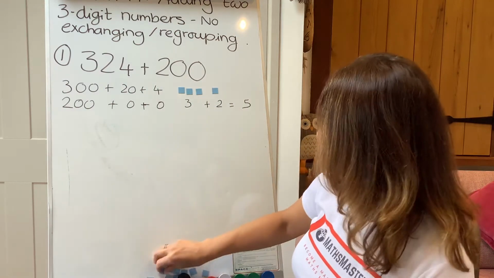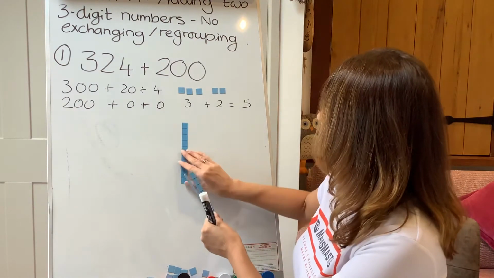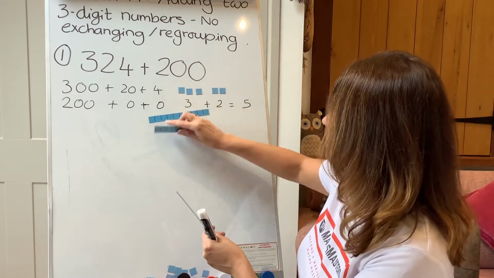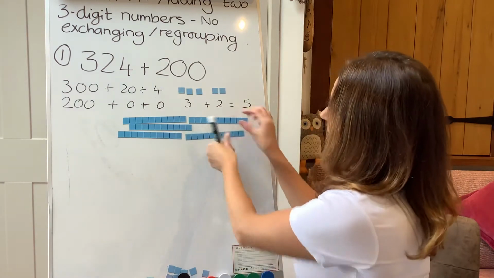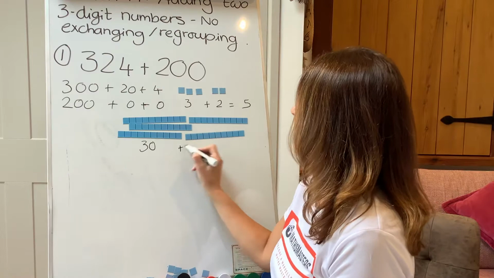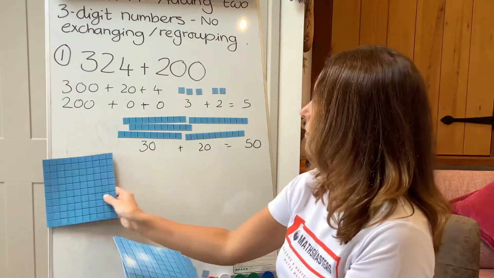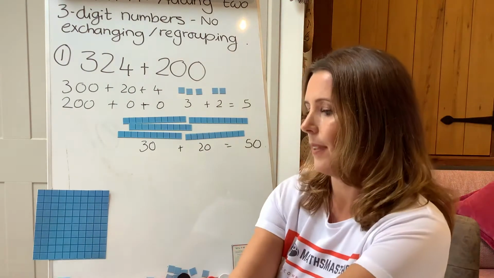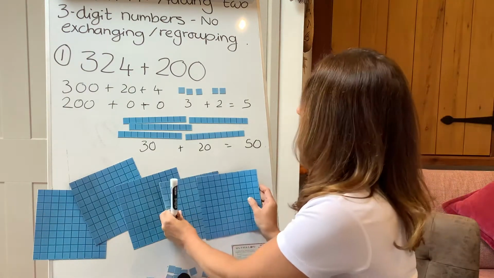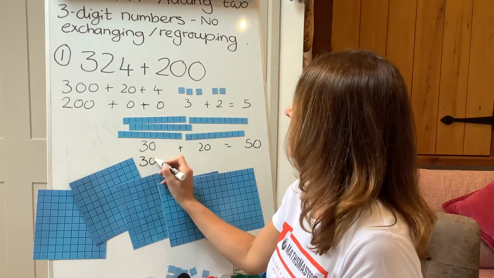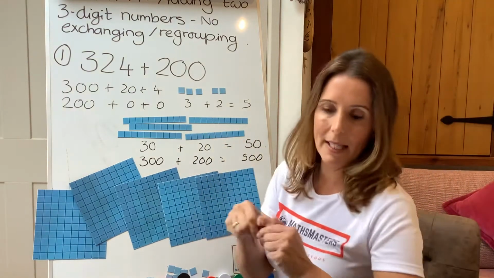The ones, 3 and 2, make 5 altogether. 30 and 20 would make 50, and 300 and 200 will be equal to 500. So I can use my related facts to help me there.